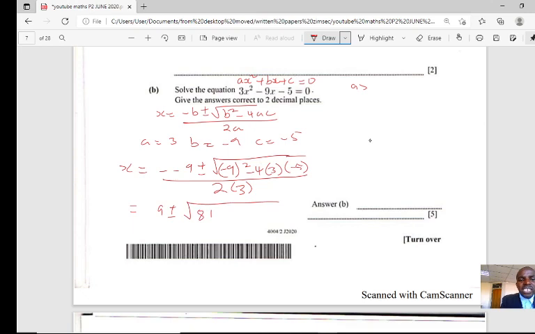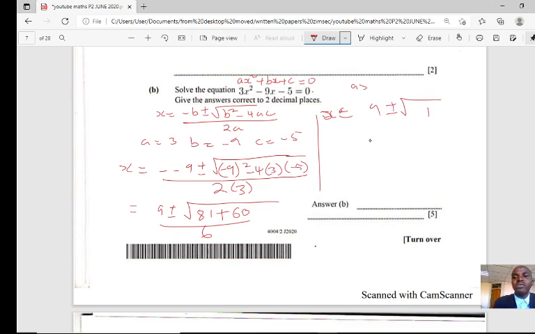So it will be 9 plus or minus the square root of 9 squared, which is 81, then it will be a plus here, 4 times 3 times 5. What do you get? 60. Then over 6. So x is equal to 9 plus or minus the square root of 81 plus 60.